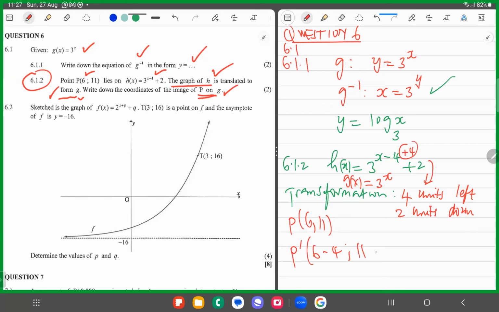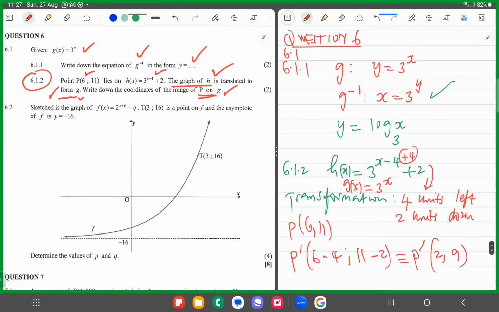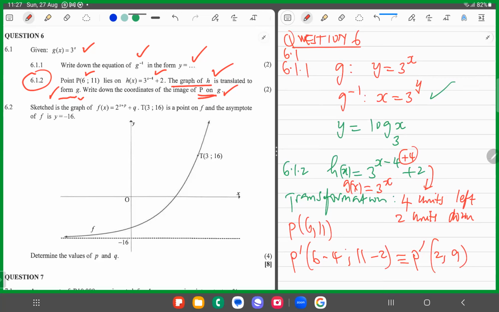And then 2 units down, minus 2. The point P primed is going to have coordinates 2 and 9. All right, 2 and 9. So that's what we have: the coordinates of the image of P. We're calling the image of P, P primed.